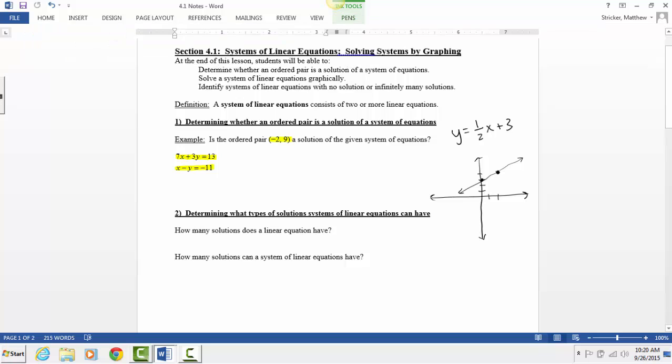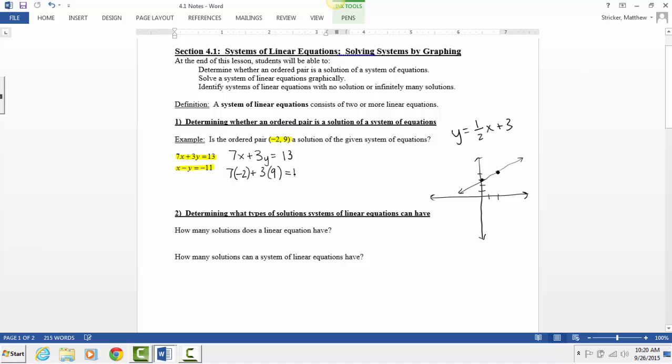So the first thing we're going to do is check in 7x plus 3y equals 13. So we're going to plug in -2 for the x, because remember, in an ordered pair, x comes first and then y. And then we have plus 3 times y, but y is 9.